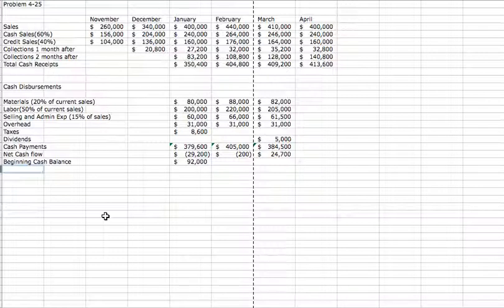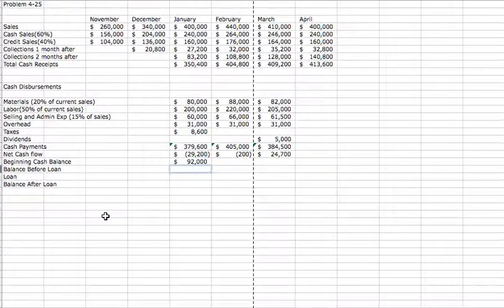So we start with $92,000. Okay, that means we're going to have to borrow some money to get our ending cash balance back up to 87, aren't we? Because we're going to use 29,200. So balance before loan, then loan, then balance after loan should always be 87,000.